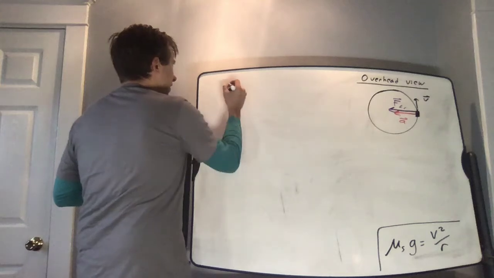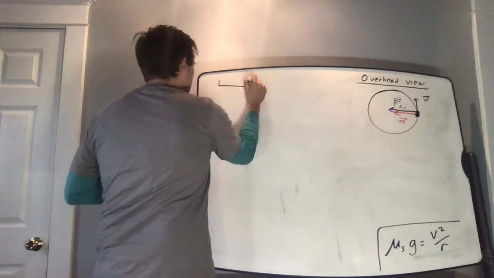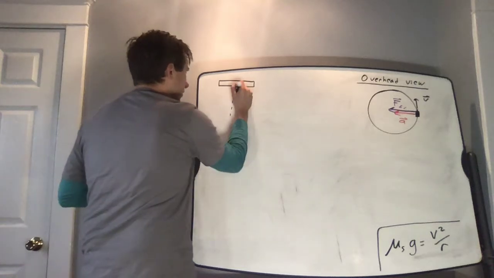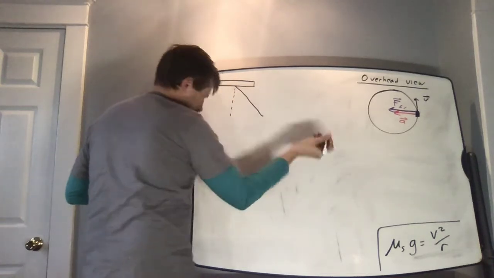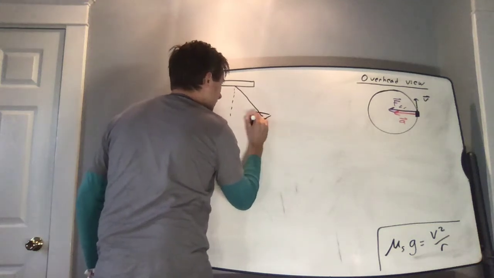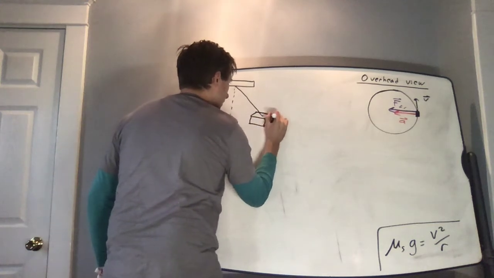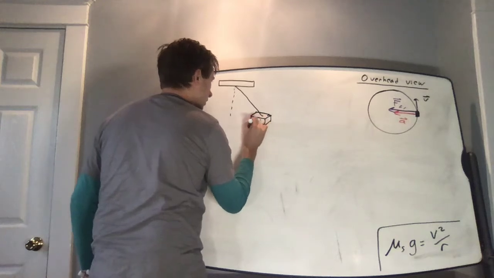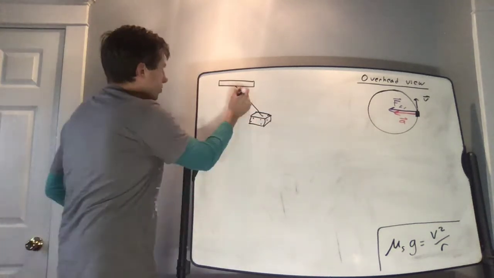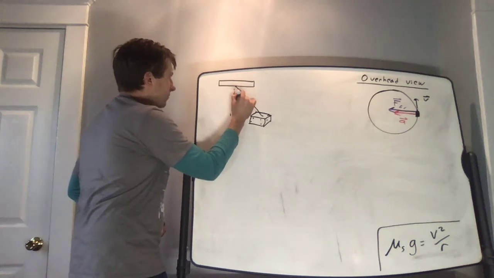Here we have the mirror inside the car. Here is a vertical line. Here is the string that it is connected to the dice. Here are the dice themselves. And we are told that this angle is 35 degrees.